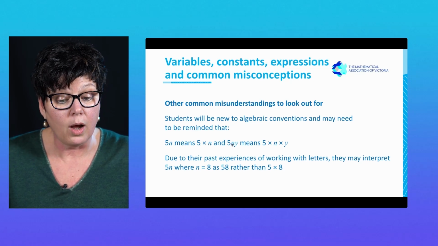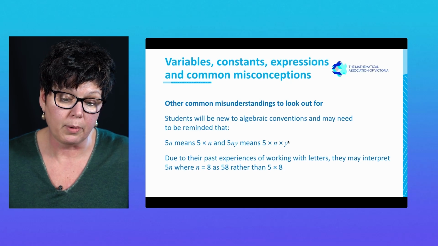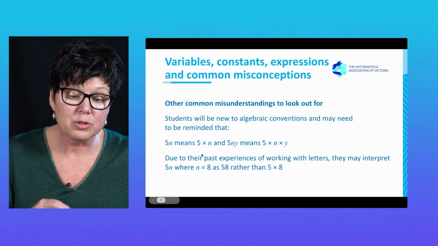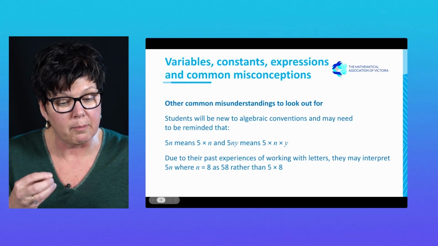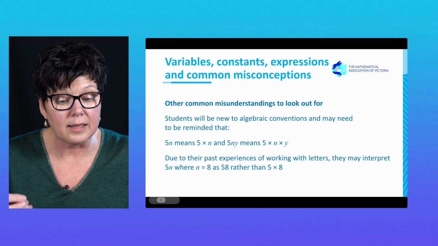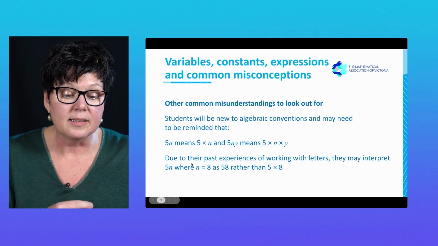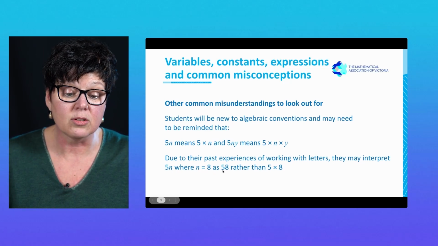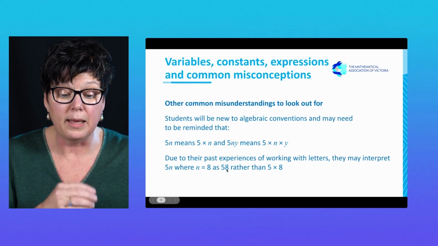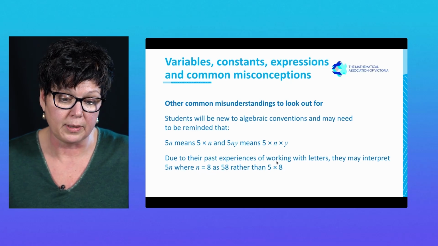And 5ny means 5 multiplied by n multiplied by y. Now sometimes students won't realise or just forget that there is that multiplication sign sitting between those, that it's 5 lots of n, and will actually, if they see 5n and n equals 8, slot it in as making the number 58 rather than seeing it as a multiplication.